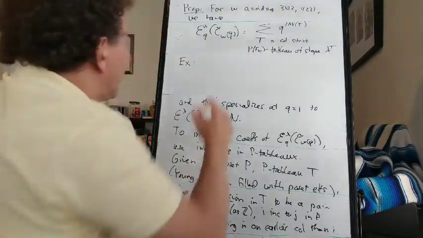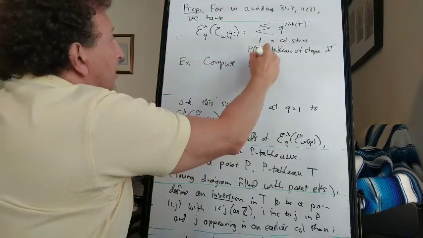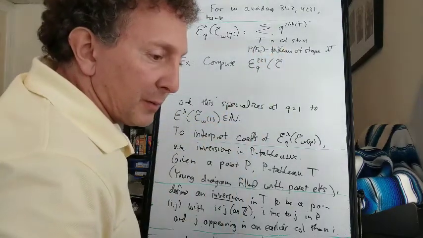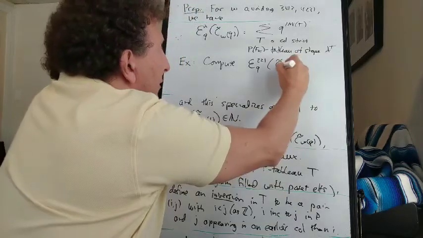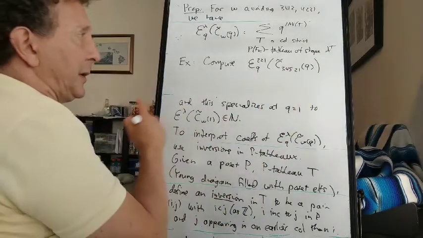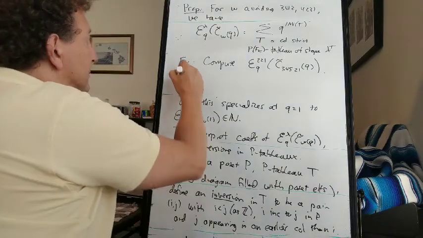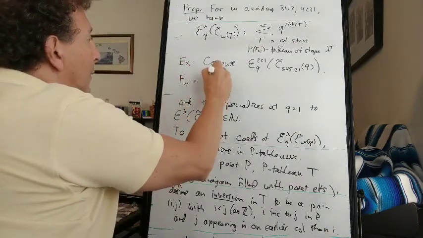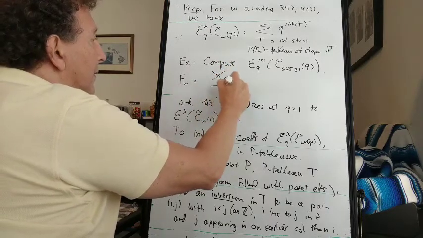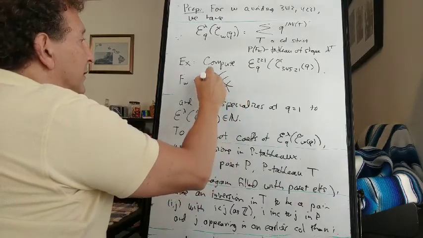So for example, let's compute epsilon 221 of q of the Kazhdan-Lusztig basis element indexed by 34521. So we did this for q equals 1 before. The planar network for W looks like this.